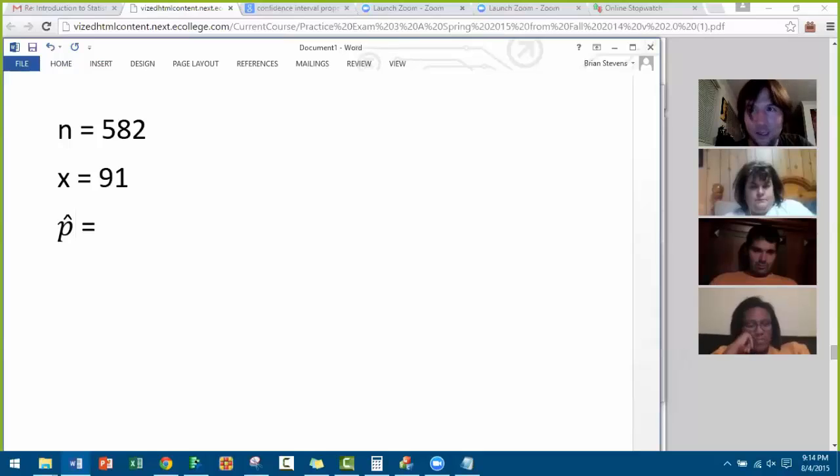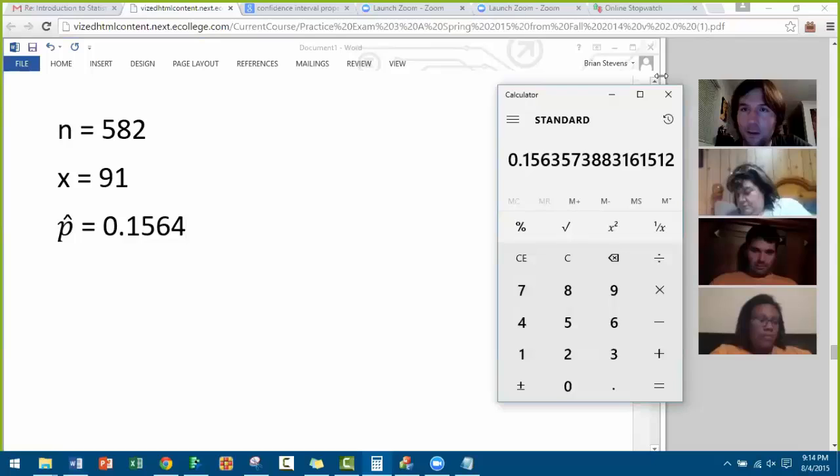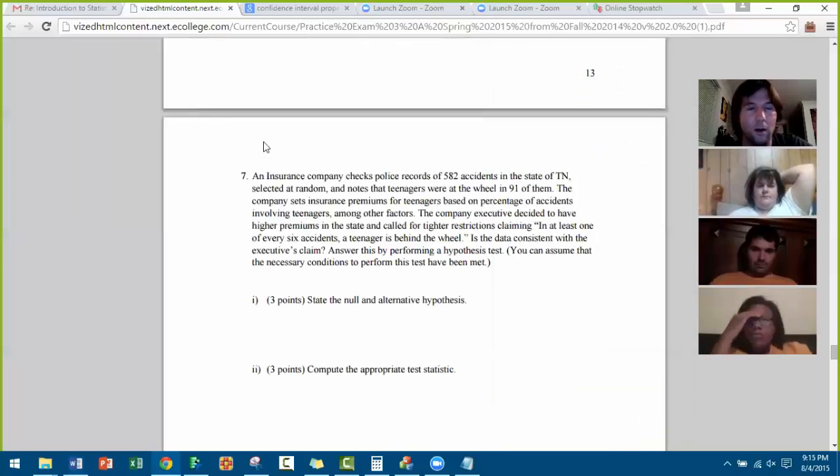It's 0.1564. Okay, that is the sample proportion. You can resize the calculator now, that's kind of neat.